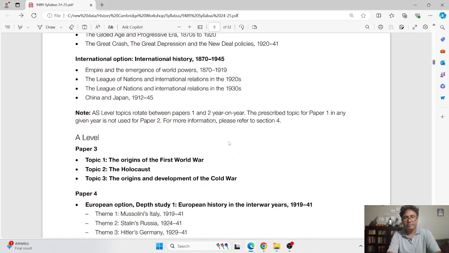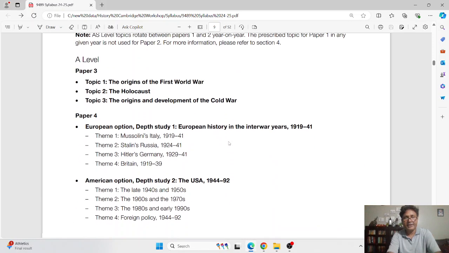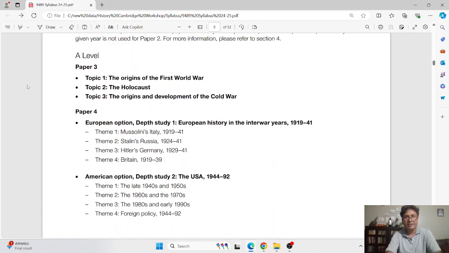Now coming to the A Level, we have Paper 3 and Paper 4. Under Paper 3 we have these three topics, and the candidate can study any one of these three topics in order to do Paper 3.